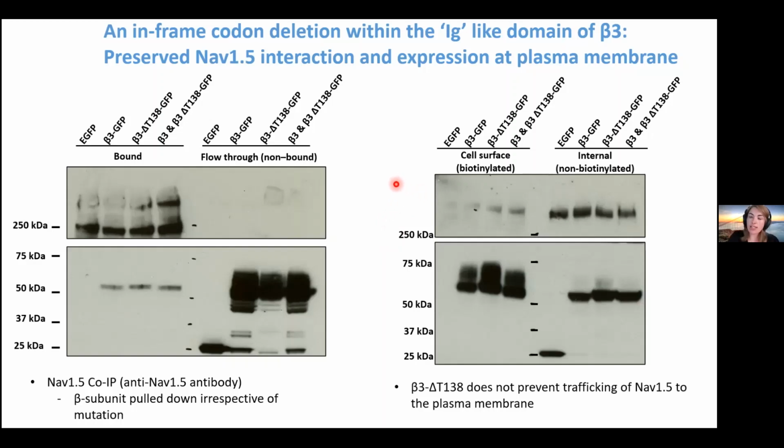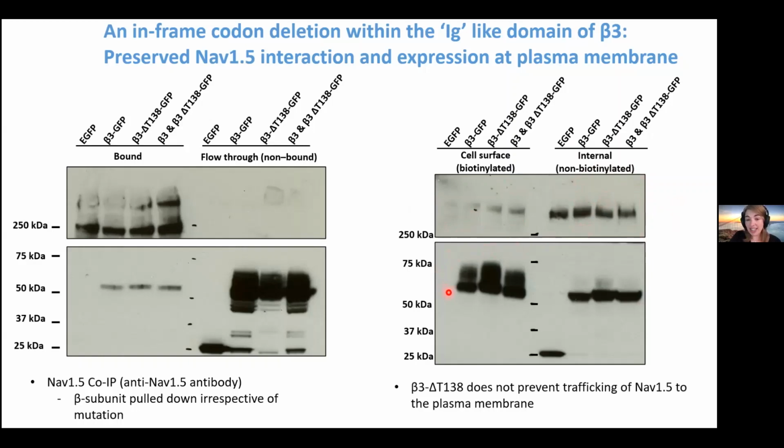So we carried out a cell surface biotinylation experiment to selectively label only those proteins at the plasma membrane. So the cells were incubated with a non-permeant biotin at 4 degrees to try to reduce any endocytosis. And then the cells were quenched, lysed, and a streptavidin pull down carried out to pull down biotin specifically. So the biotinylated fraction represents that at the cell surface, and this non-biotinylated fraction is anything that was internal.